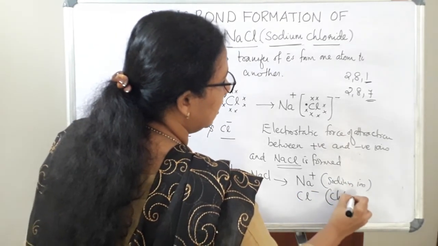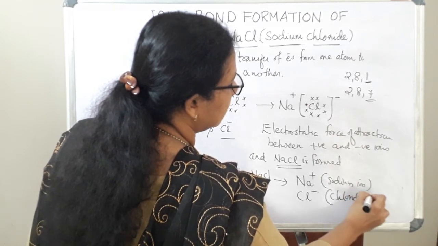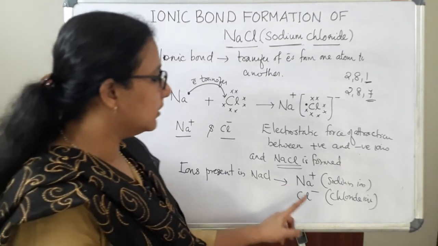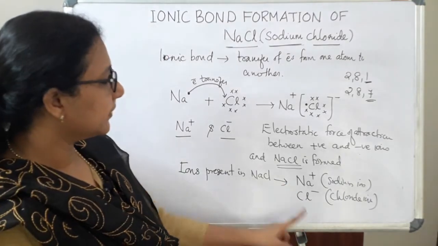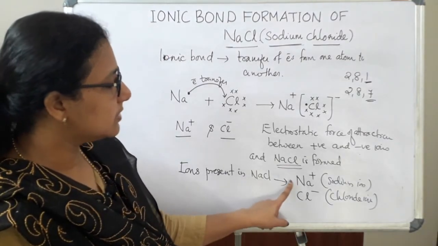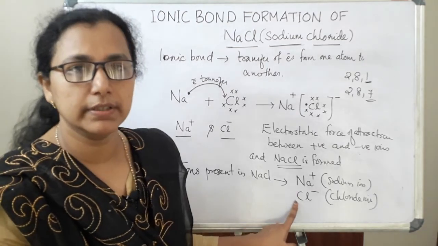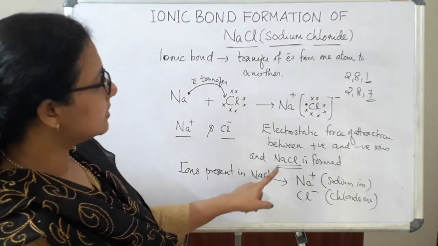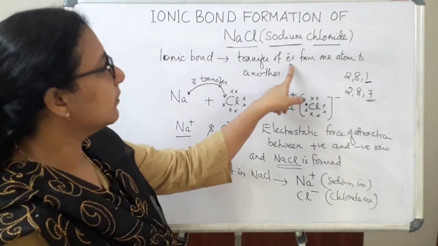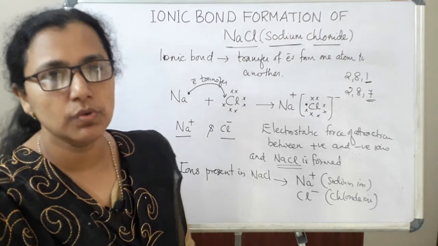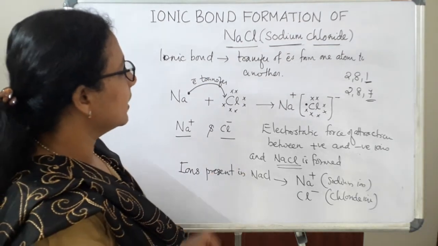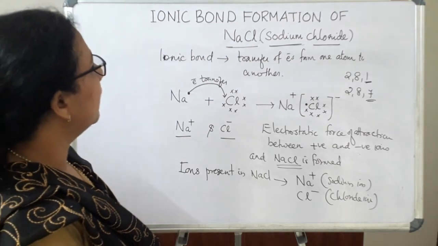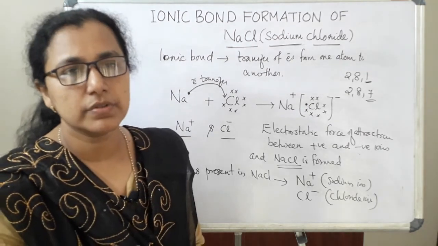These two ions are held together by an electrostatic force of attraction. This bond is formed by transfer of electrons from one atom to another, which is why we say this is an ionic bond. So this is about the ionic bond formation of sodium chloride.